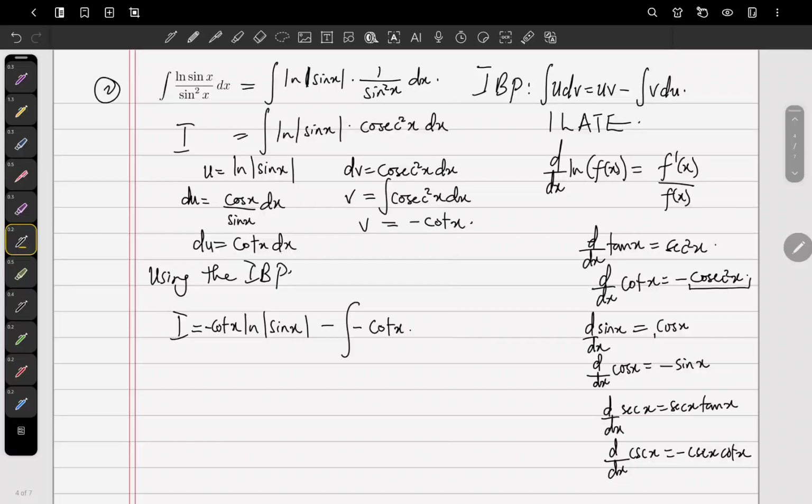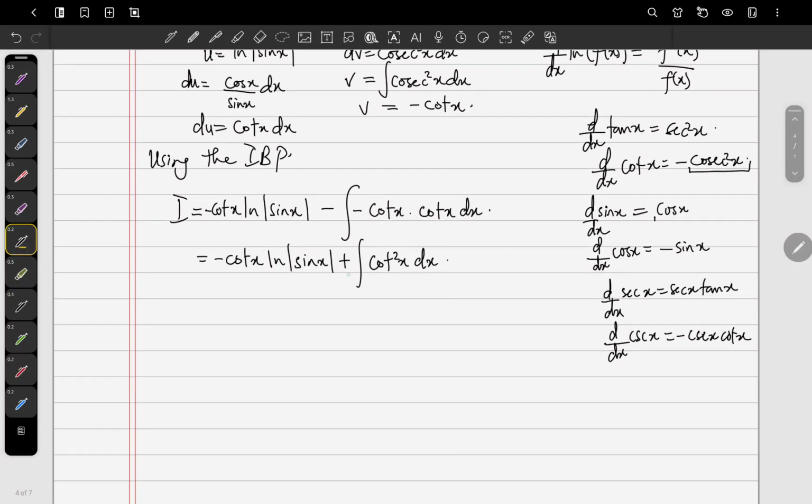And you know du is cot x dx. Beautiful. So this is negative cot x natural log of sine x, then negative of negative is positive, the integral of cot squared x dx. So the next thing to think about is the integration of cot squared x dx.